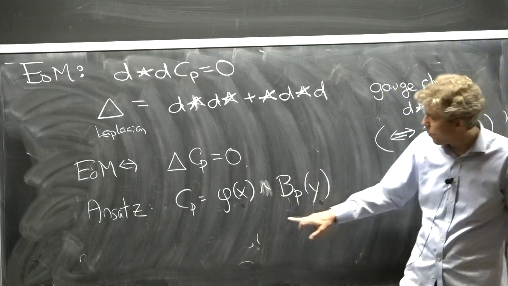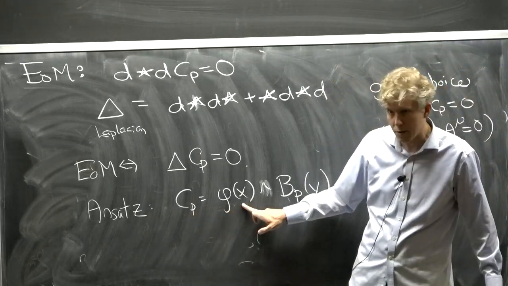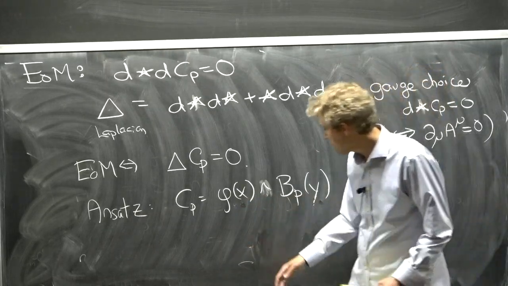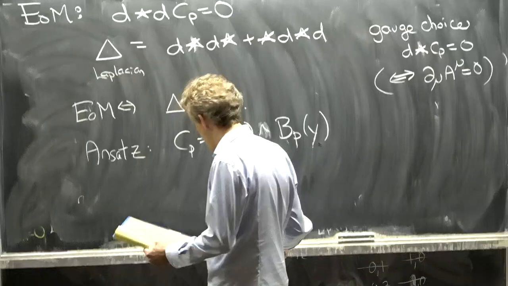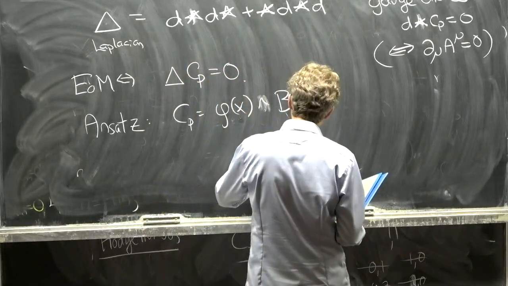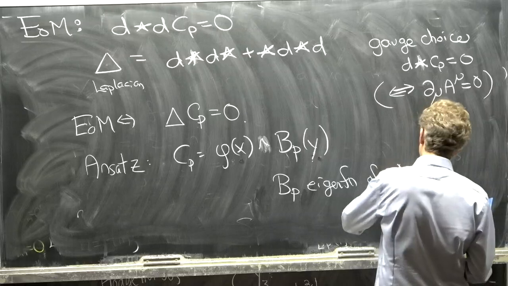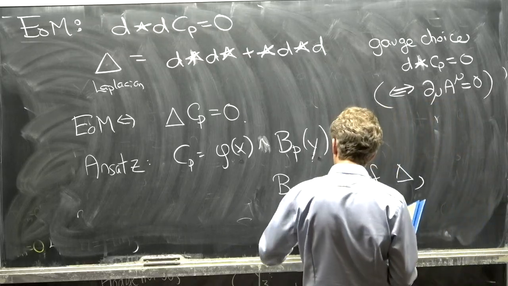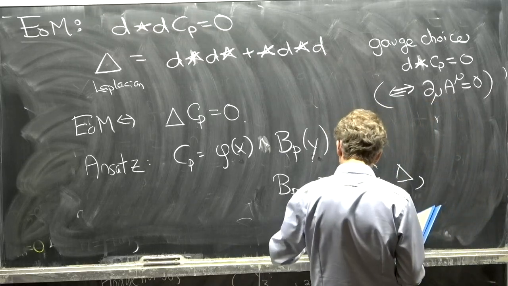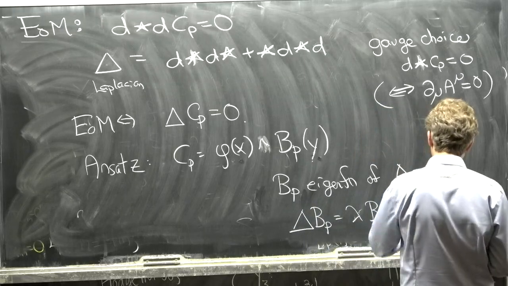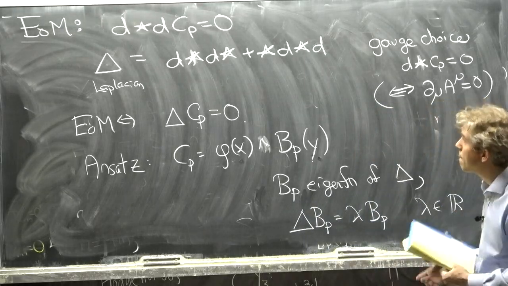So I'm basically saying, what if I consider my p-form to be some sort of space-time function times an internal p-form? With this ansatz, I'm going to take b_p to be an eigenfunction of the Laplacian: Delta b_p is equal to lambda b_p, where lambda is some real number.